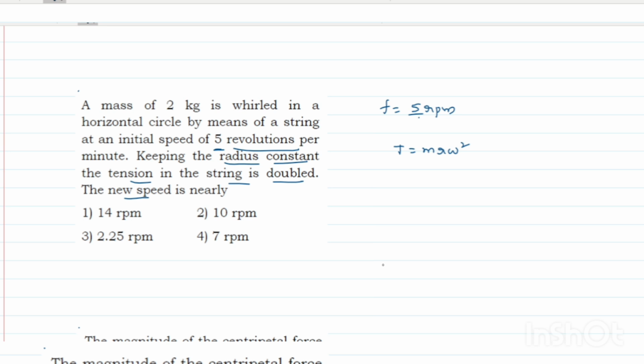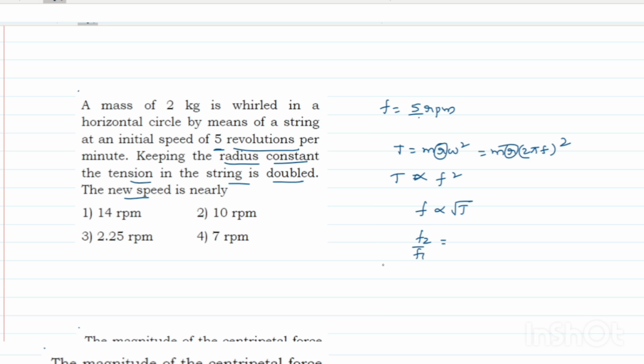The radius is constant, and omega equals 2 pi f, so T equals m r into (2 pi f) whole square. Here T is directly proportional to f square, that means f is directly proportional to root T.